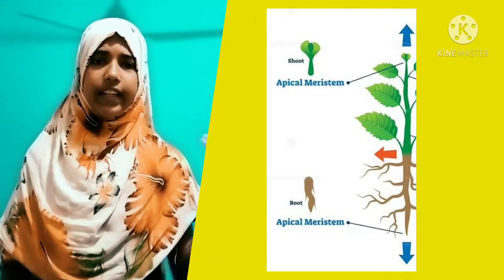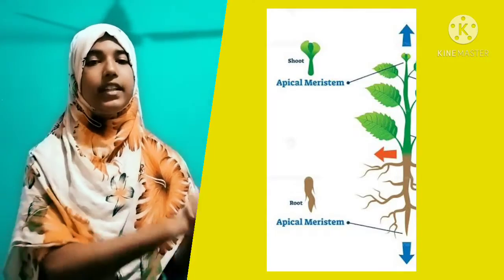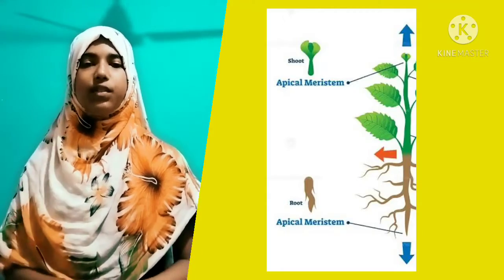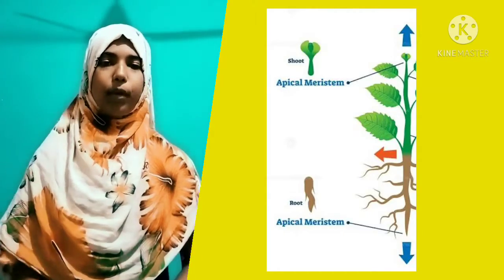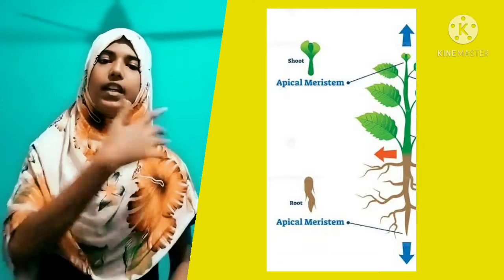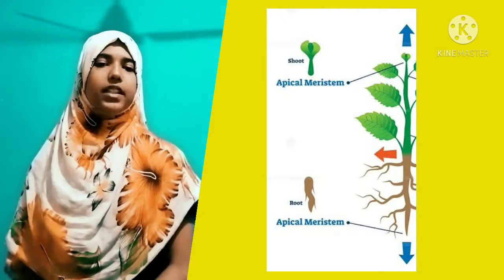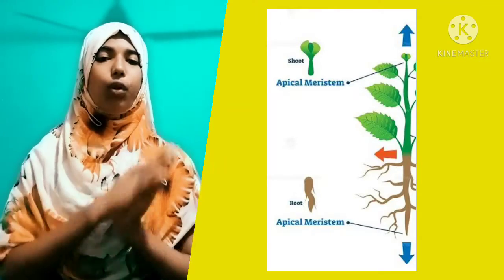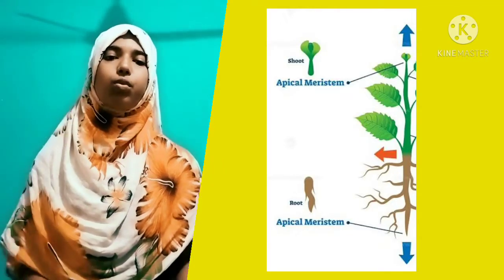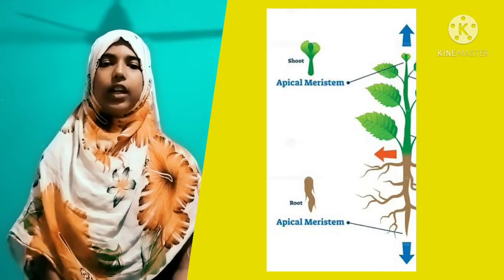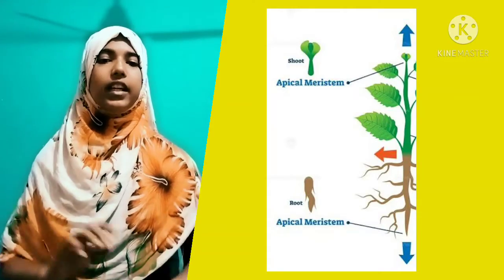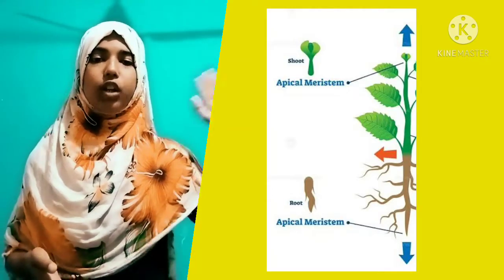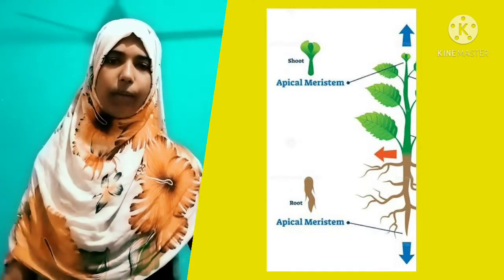So apical meristem tissue is present in those plants which grow by the roots as well as from the top, from the tip of the stem. So apical meristem tissue is also the reason for the growth in the root and shoot of the plant, we can say. Okay, apical meristem tissue is present in those plants which grow from the top and also from the bottom tips.